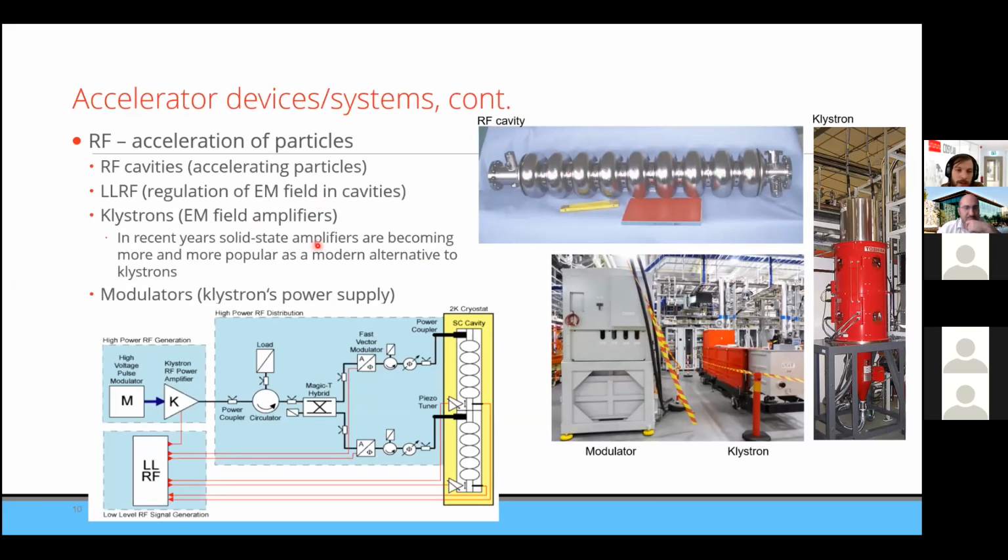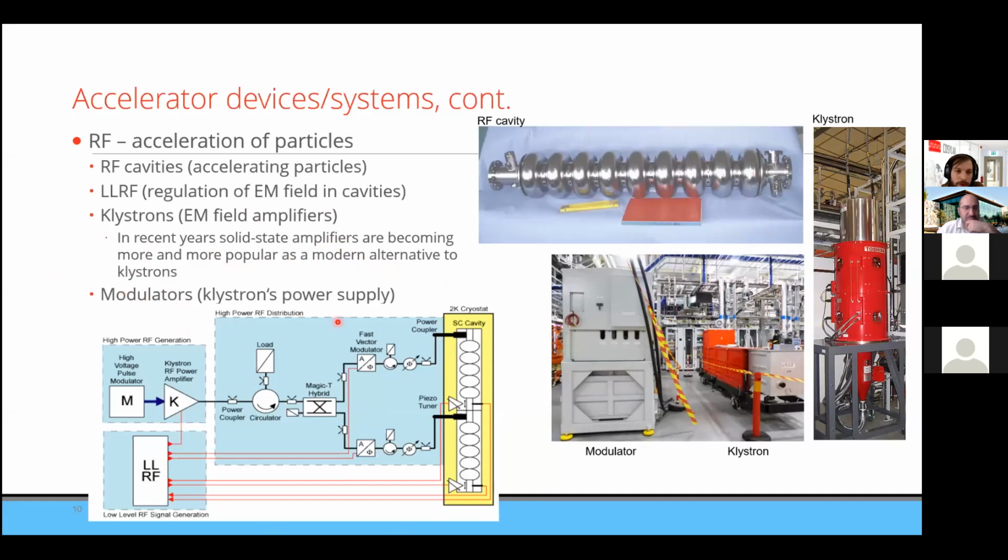And you need to be very careful and precise in how to control these RF cavities and how to feed them. So you feed them with klystrons. Klystrons are basically electromagnetic field amplifiers with which you then feed the RF cavity.